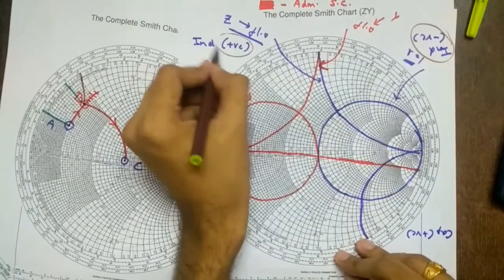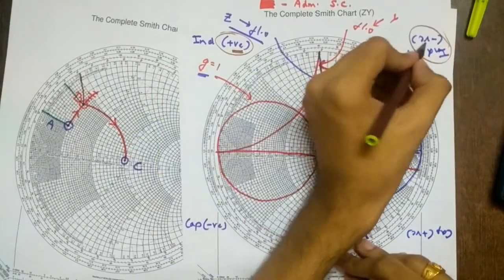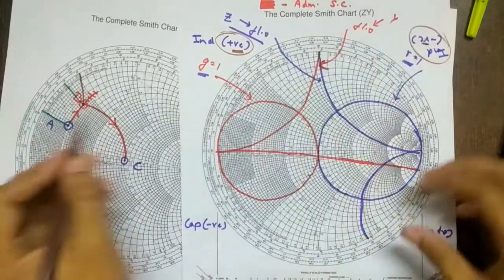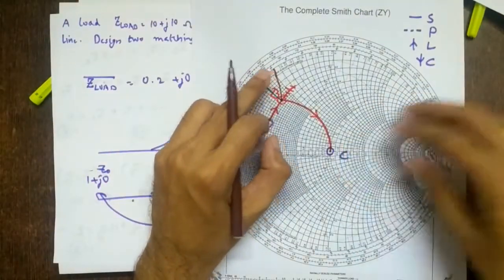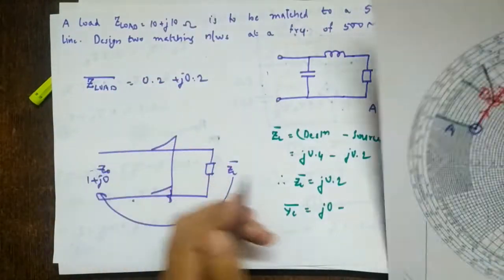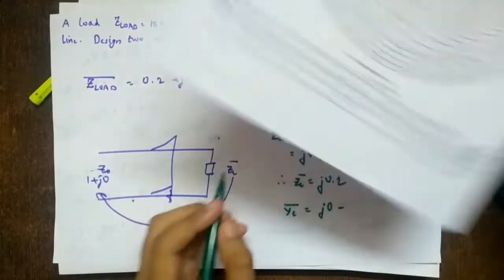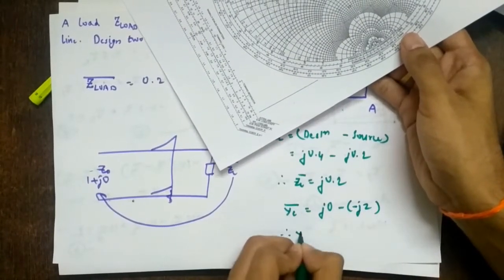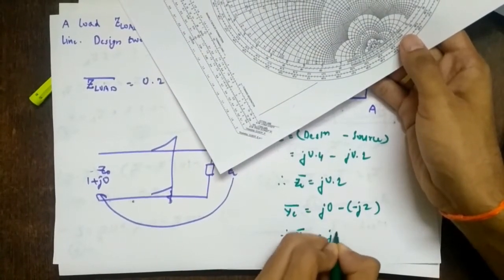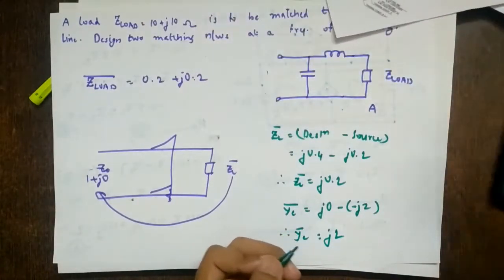For impedance, we use this thing. So this is positive for impedance, negative for admittance. So this reactance which we got, minus, sorry, J2, it should be what? Negative, because we are considering admittance mixture. So minus of minus J2. So therefore YC bar equal to plus J2, right?